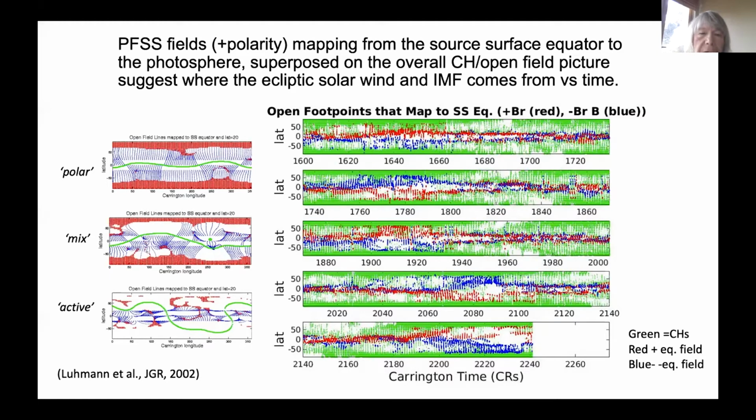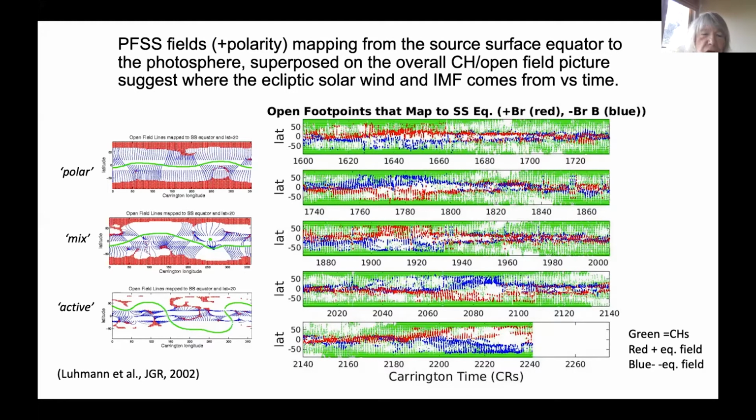On the right, you see a superposition of ecliptic plane footpoints, color-coded by magnetic polarity, mapped back to that coronal hole picture we saw earlier. That basically shows you where, within the model realization, the ecliptic plane solar wind magnetic polarity comes from on the sun.